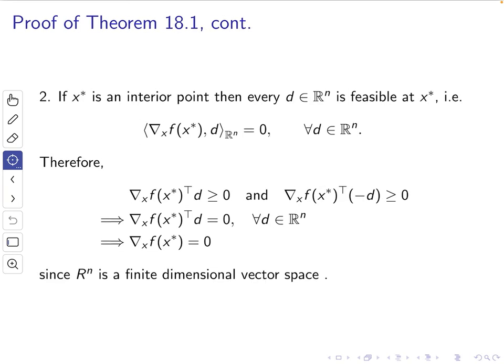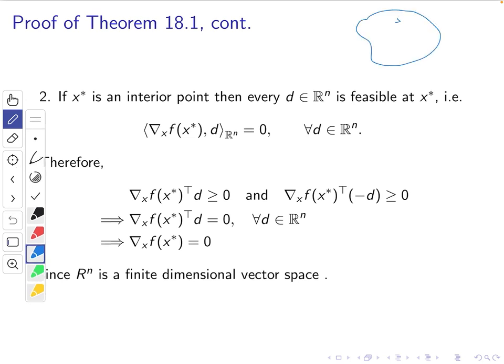Now, if it's an interior point, by interior point we mean this is omega and x star is inside. It's not on the boundary. In that case, every direction is feasible. So we have that the inner product of the gradient with d is, we know that it's positive for every d, right?